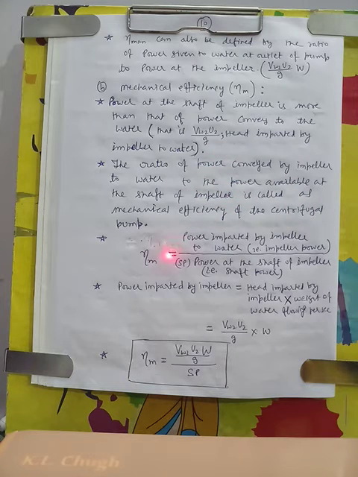Mathematically we can write that mechanical efficiency is equal to power imparted by impeller to the water, whatever power the impeller is giving to the water, lifting in the delivery pipe and reaching the point of interest, that is the impeller power, divided by shaft power.